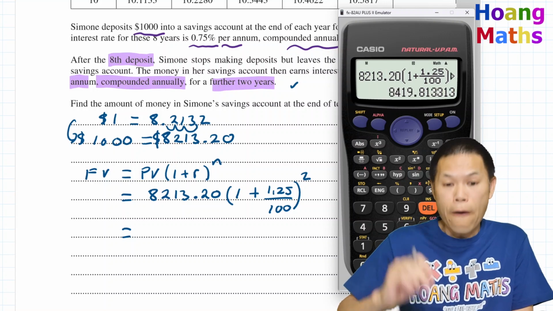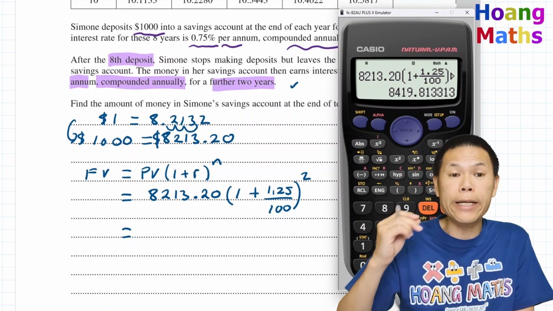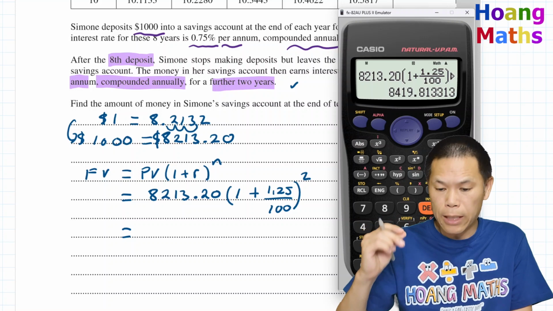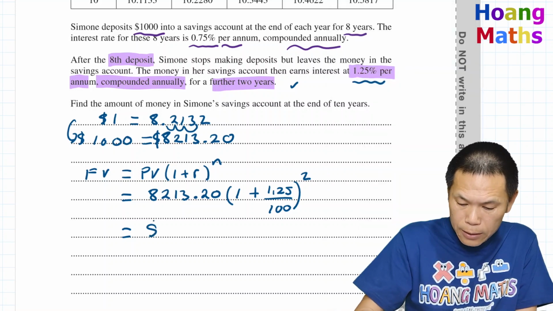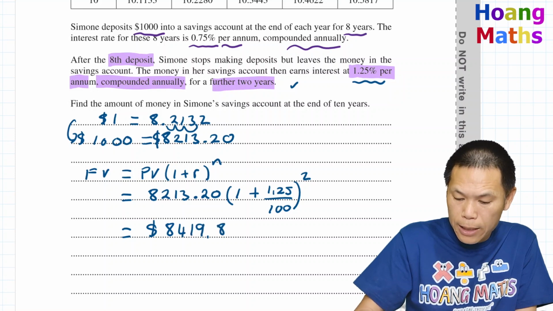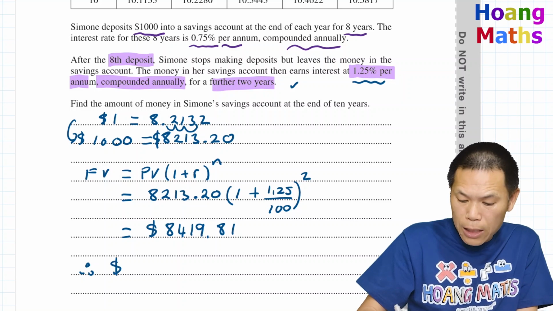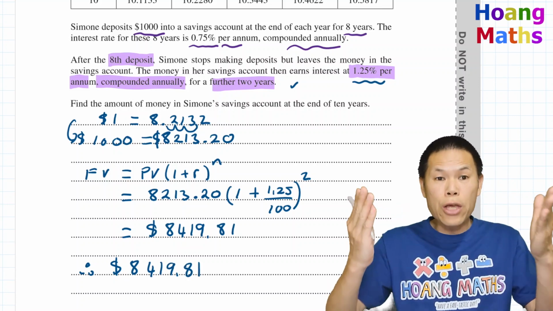So there you go, $8,419.81, because we're dealing with money, so 2 decimal places. Therefore, his future value is $8,419.81. So there you go.